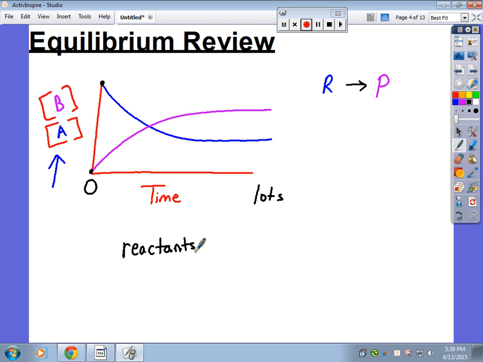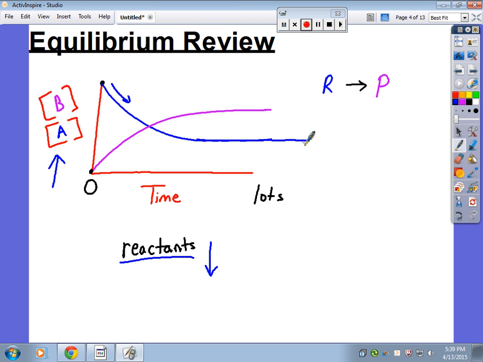They should be in blue. I start with my reactants. What's true about them? They react. What happens to the amount? They decrease. Why? What are they doing? Oh, they're reacting. And so look what happens to them over time. They are decreasing, aren't they? But eventually they level out, and that's what equilibrium means. Okay? They reach an equilibrium. They balance out.